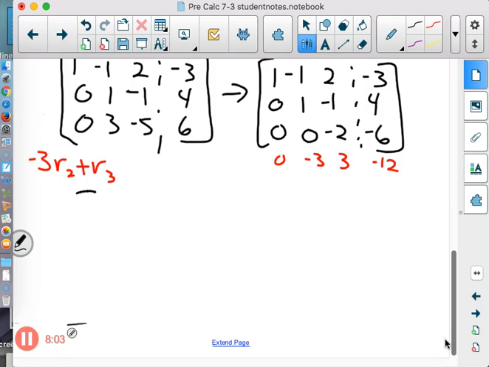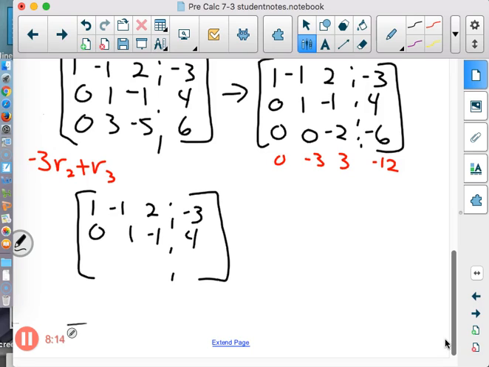So now we have to figure out a way to keep those first 2 rows just like they are. Somehow get this to be a 1 right here. Well, we can't use the other rows to do it, because if we do that, then there's going to be numbers back in these first 2 columns.